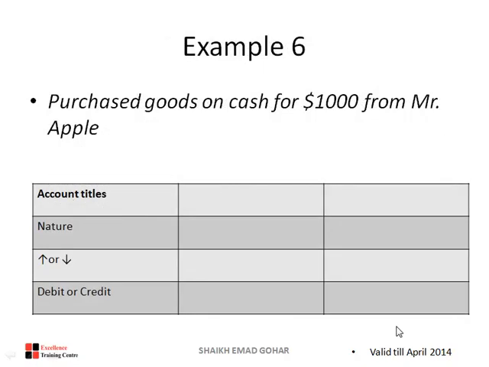Example number 6. Purchase goods on cash for 1,000 from Mr. Apple. Now see, whenever it is written goods, goods means your raw material, you can say your inventory, the product with which you are dealing. It can be any product, but in every business they are called goods.